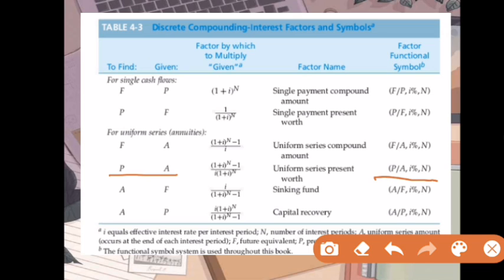This is the sinking fund: the interest rate over 1 plus the interest rate raised to n minus 1. Next, the A and P: the interest rate times 1 plus the interest rate raised to n over 1 plus the interest rate raised to n minus 1. It is the capital recovery.